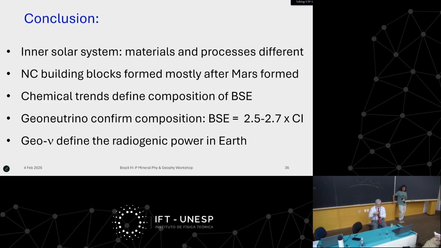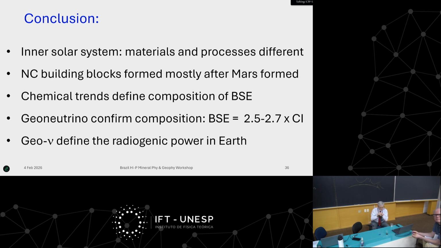Hi, Bill. Thank you so much for trying to communicate with us here. So you mentioned you want to know the volume of large low shear velocity provinces that would actually allow you to constrain geoneutrino and heat source in the Earth interior.